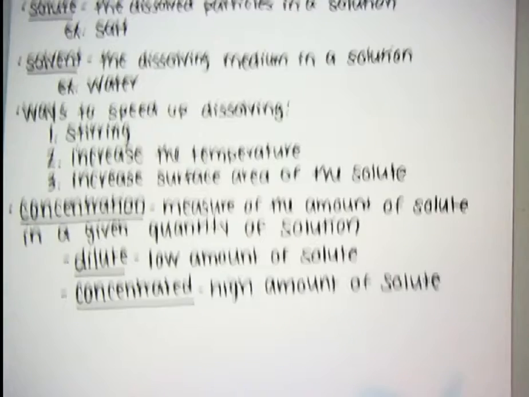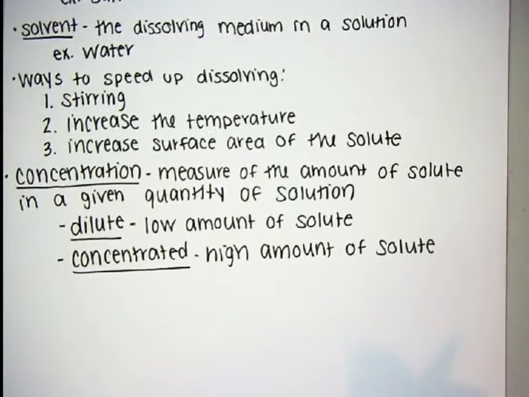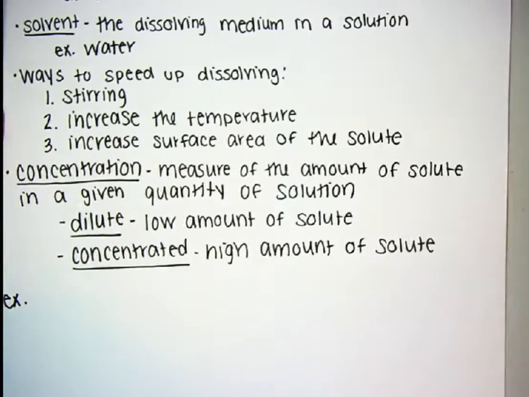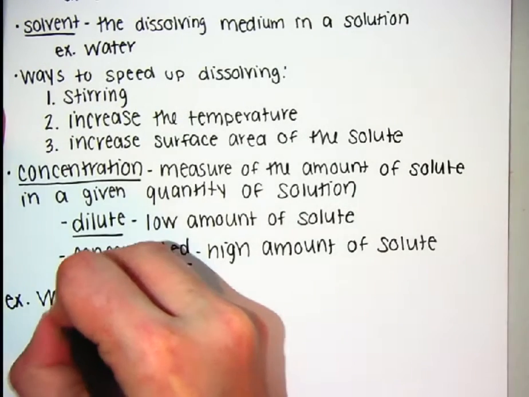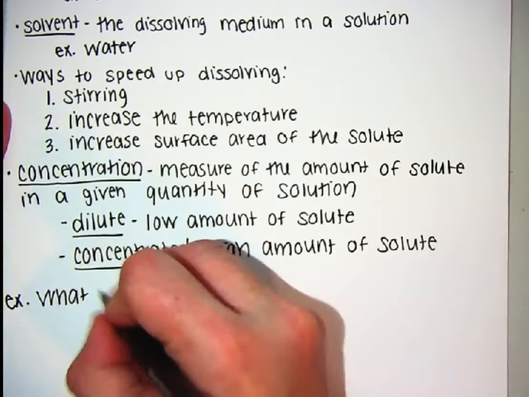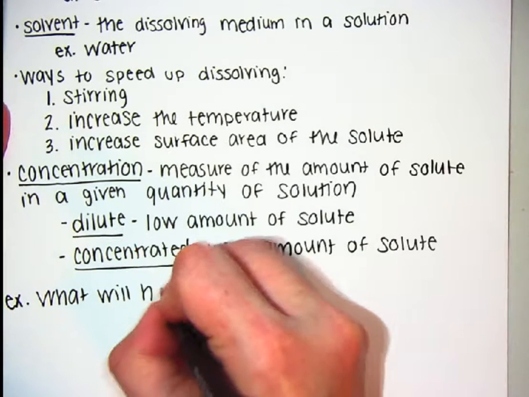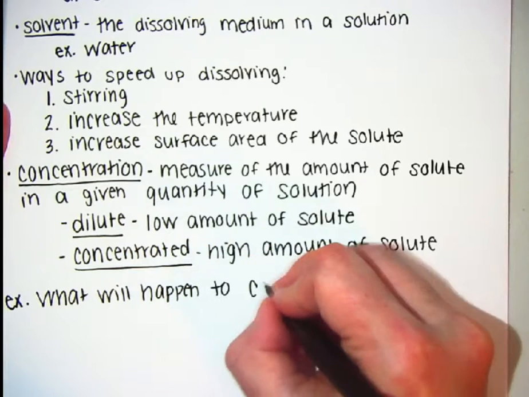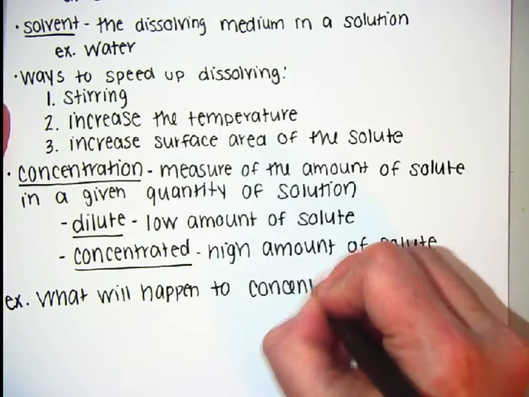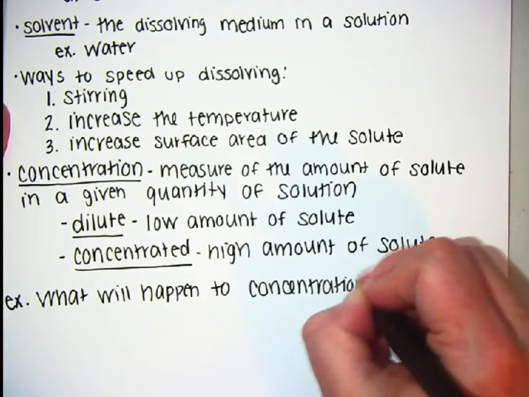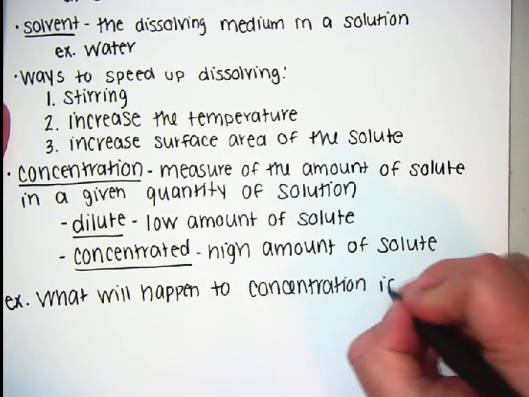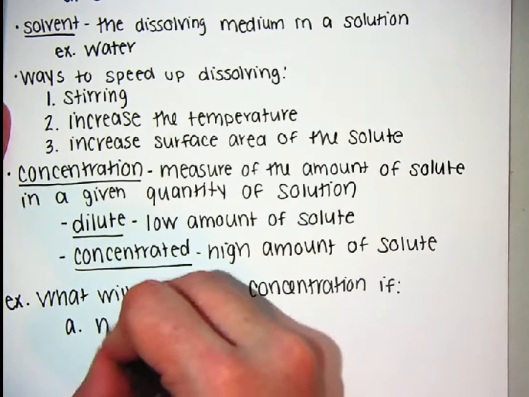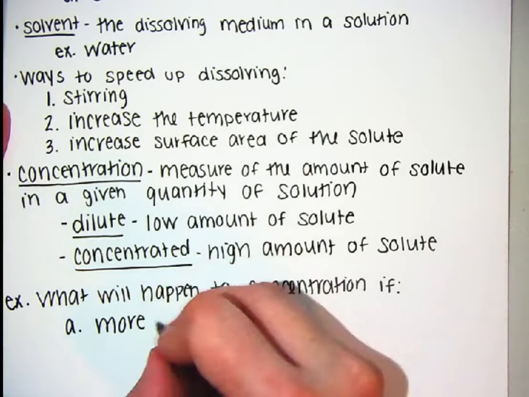So you should be able to use these terms. So let's look at 2 scenarios and see if you can figure out what happens. What will happen to concentration if, first scenario, we add more solute.